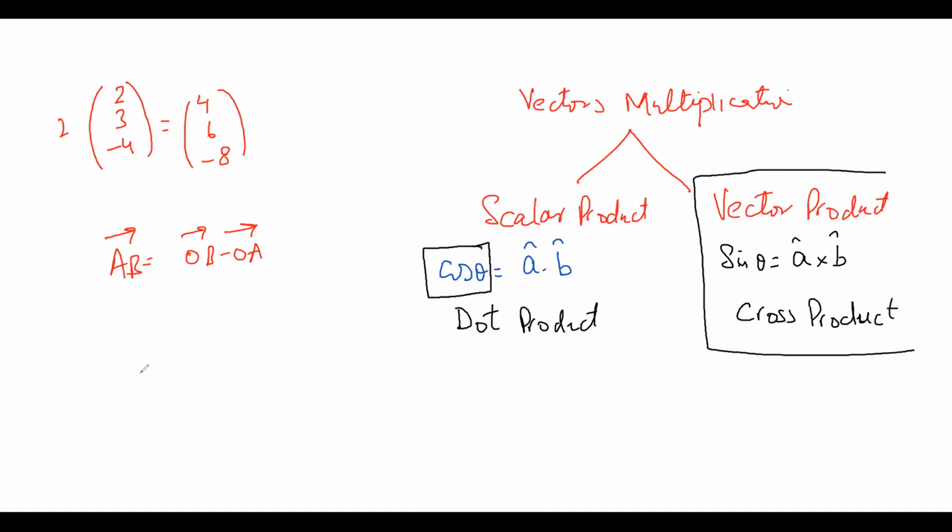Now suppose you recall the vectors in 3 dimensions, we have like this, and then there is a third dimension over here. This is your x-axis, here it is your y-axis, and this one is the z-axis.